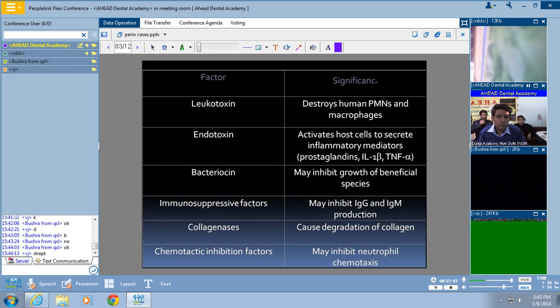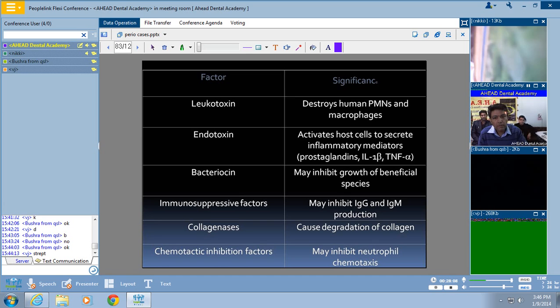So let's quickly go through the factors and their significance. Leukotoxin destroys human PMNs and macrophages, whereas endotoxin activates host cells to secrete inflammatory mediators, which are prostaglandins, IL-1B, and TNF-alpha. Sometimes it is also asked what the inflammatory mediators due to endotoxin activity are. These are the PGs, IL-1B, and TNF-alpha.